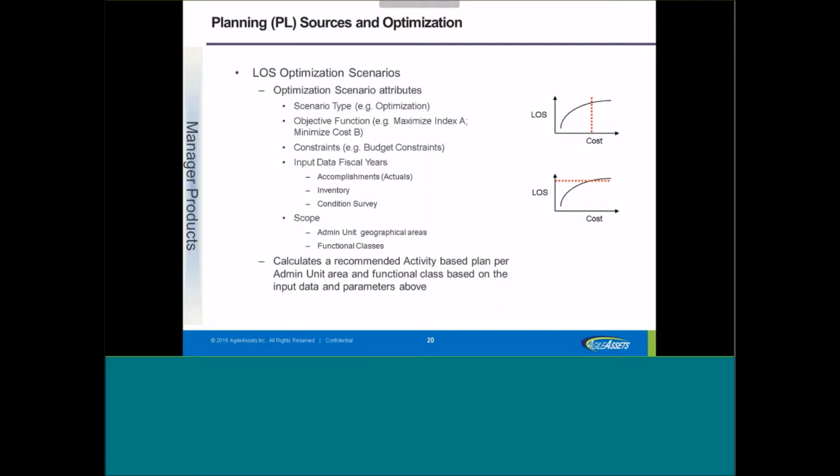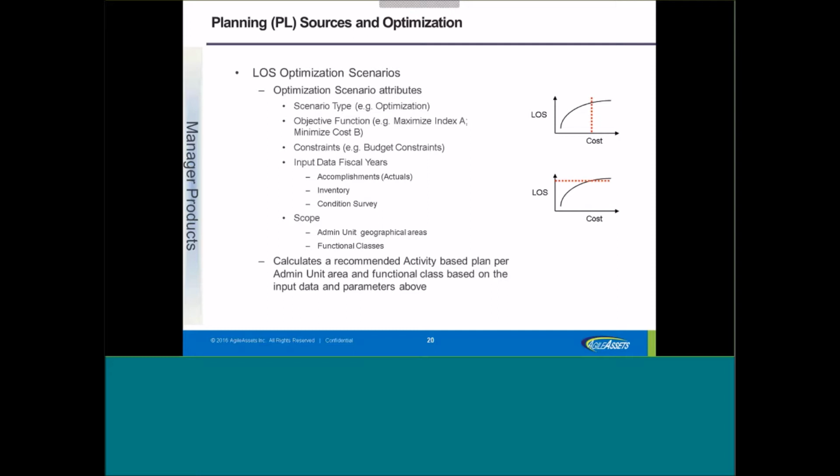What activities should I be doing? What's the best mix of activities that I should be doing, let's say, over the next year? And that is per admin unit and also per functional class. So you'd get one answer per county, for your interstates, for your primary roads, for your secondary roads, for instance. So very powerful.